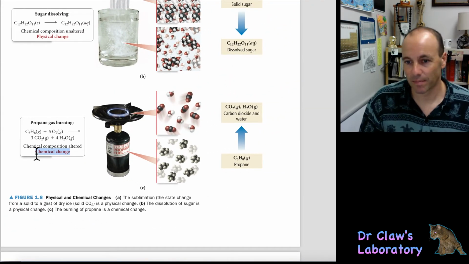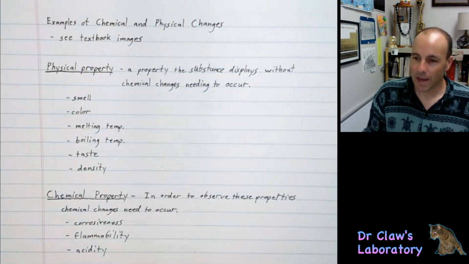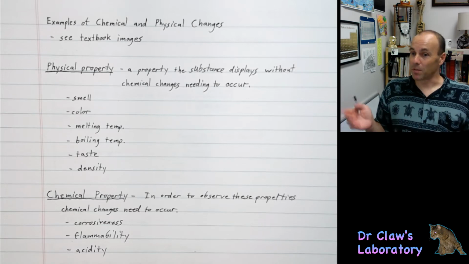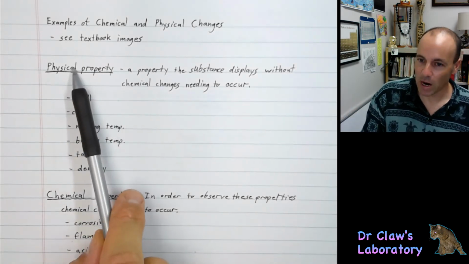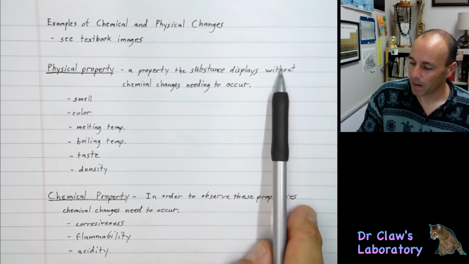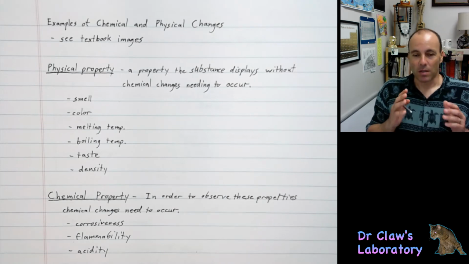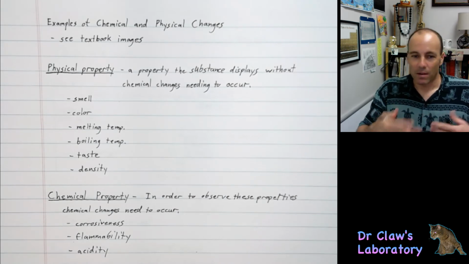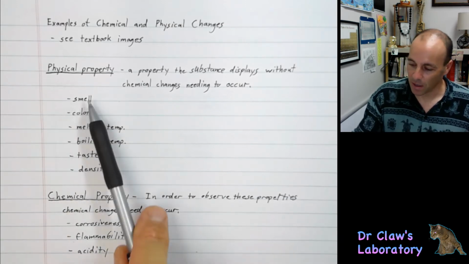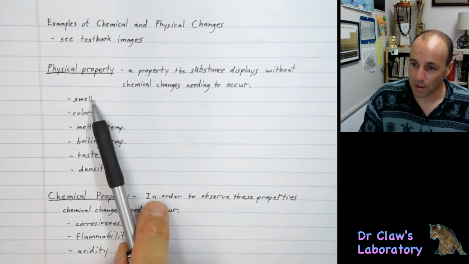So, you got physical and chemical changes. What about physical and chemical properties? Well, a physical property is simply a property that the substance displays without any chemical changes needing to occur. So it's something that you can observe without having to do any chemical reactions. For instance, a substance can exhibit a certain odor.